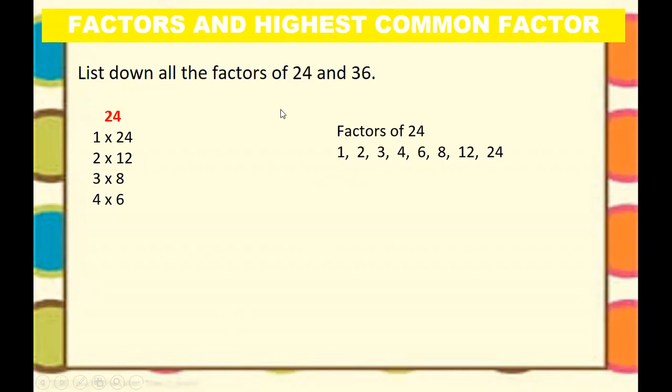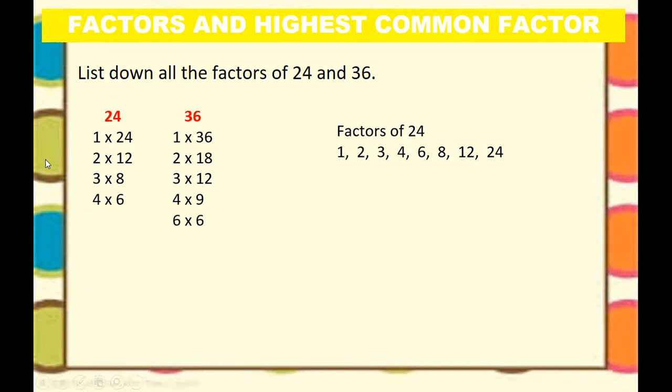Let's check also the factors of 36. Again, you have to start from 1. 1 times 36, 2 times 18, 3 times 12, 4 times 9. If you don't know how to find them, you can just use division to check. Now let's list down all the factors of 36.